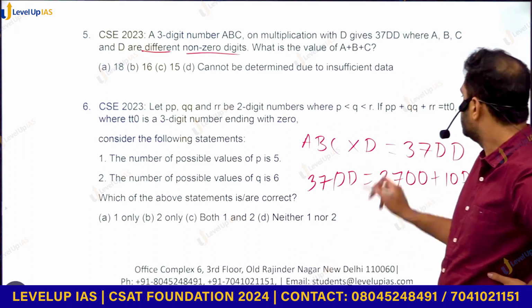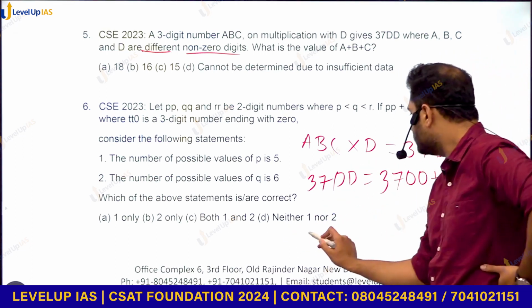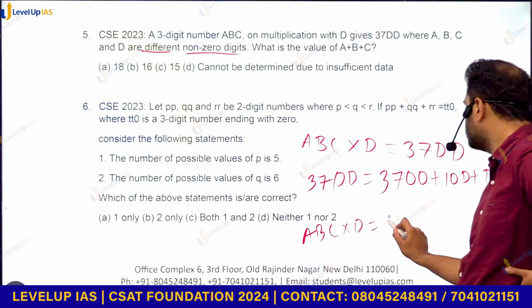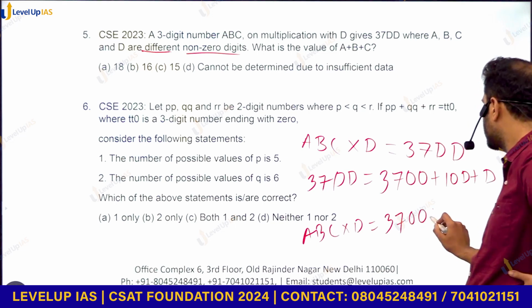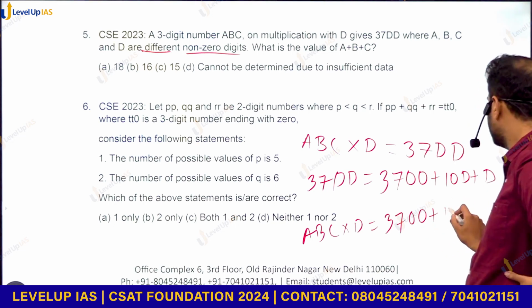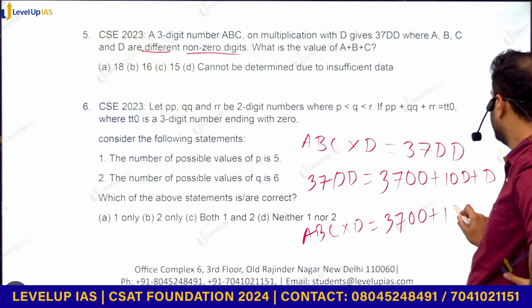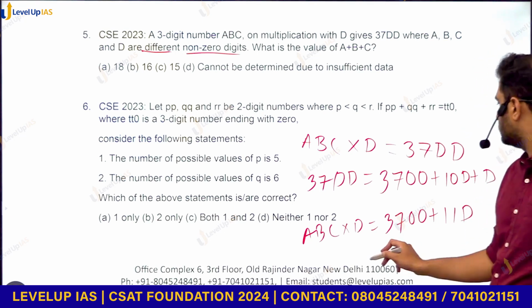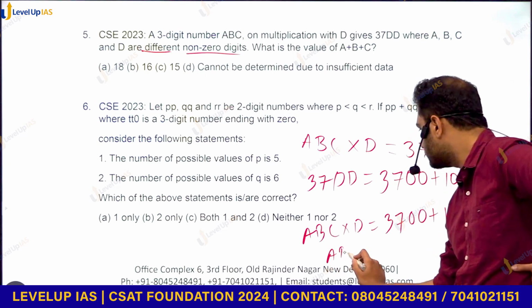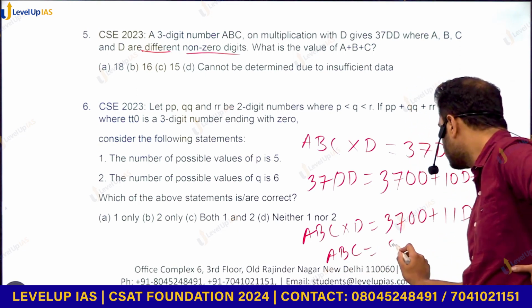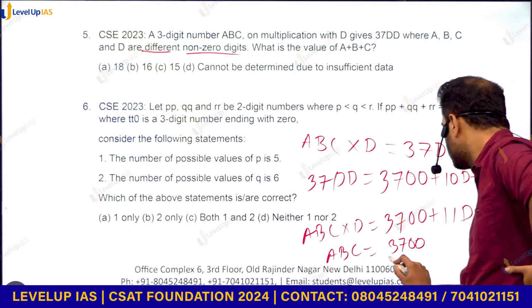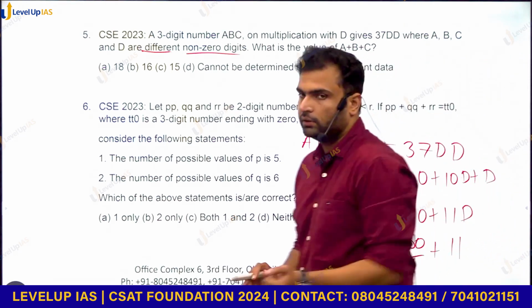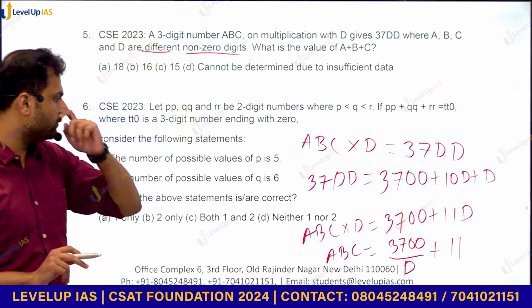So you can see abc times d is equal to 3700 plus, 10 plus 1 is 11d. So abc is equal to 3700 divided by d, plus 11, right? That is what we got.